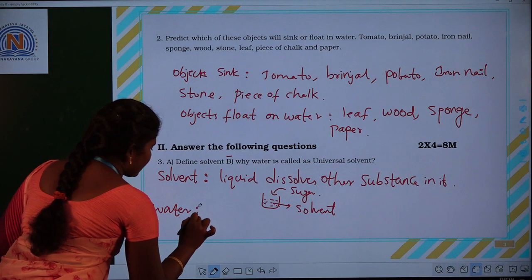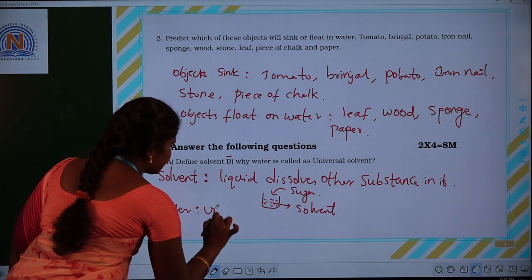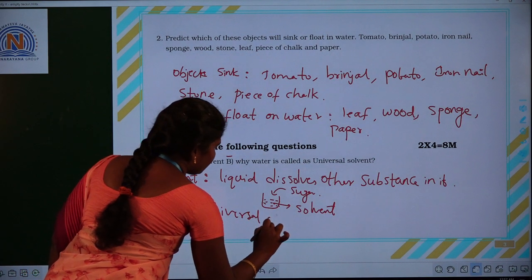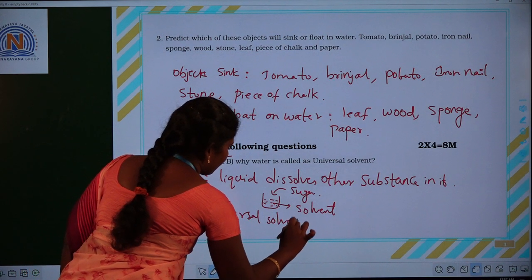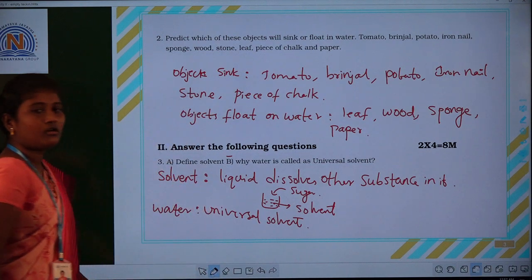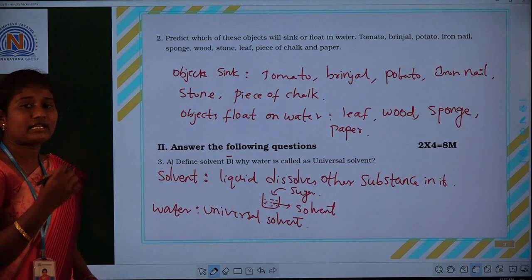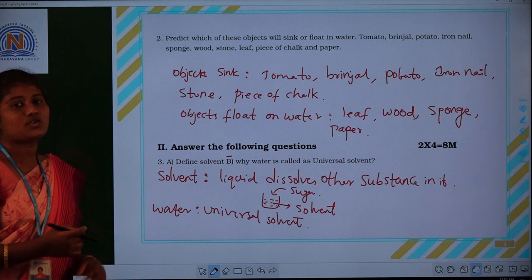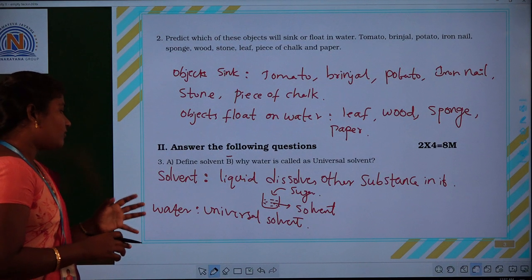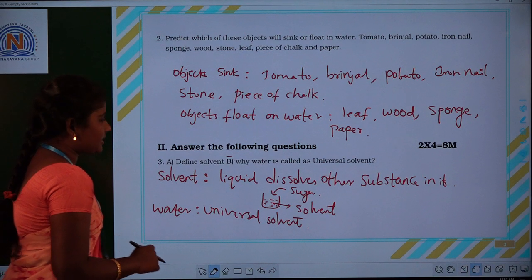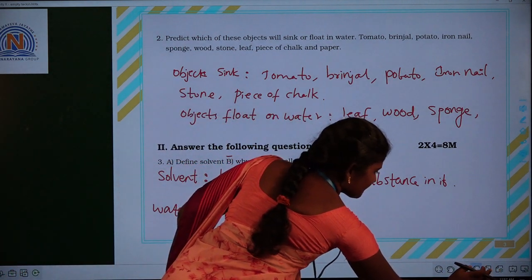Water is called a universal solvent because more substances are dissolved in water when compared to any other solvent. That is the reason water is called a universal solvent. Okay. Next, see the fourth question.